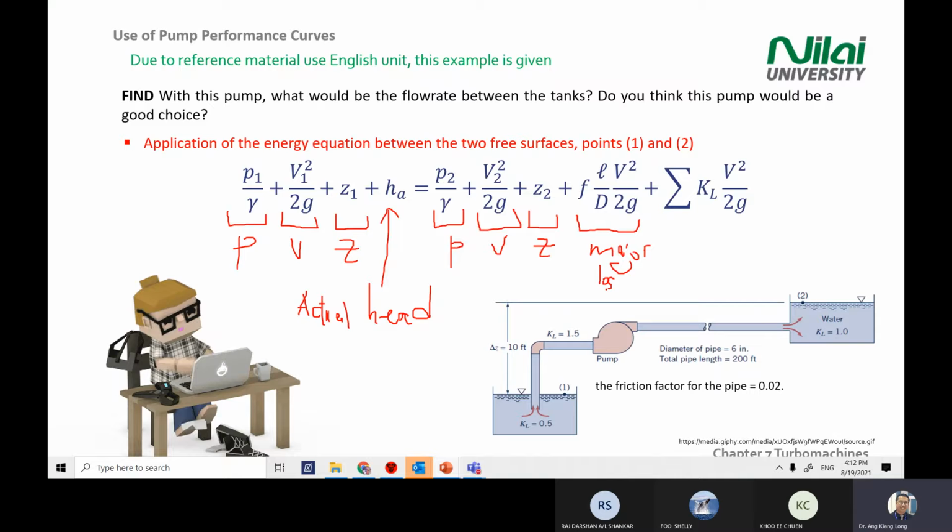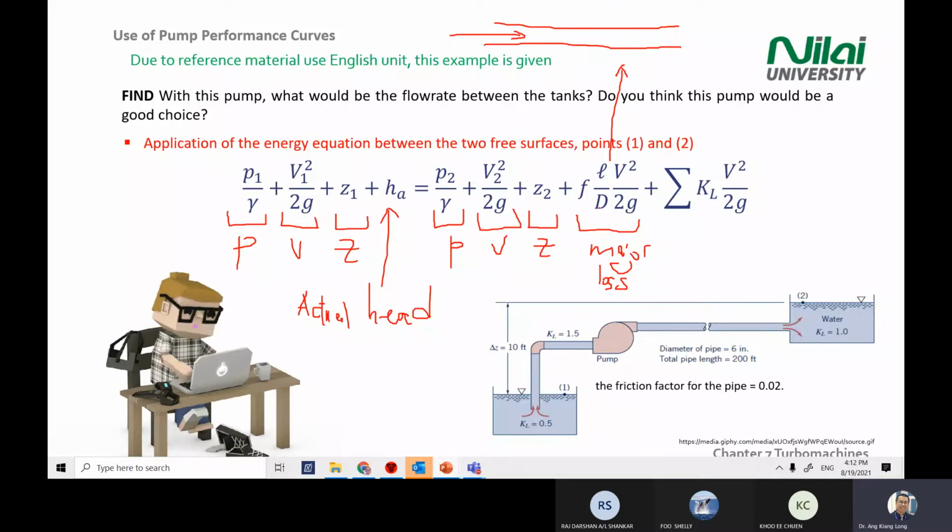What do we mean by major losses? Major losses are due to the very long pipe, and there is friction inside the pipe. So this is the major head loss. And for this F here, you need to use the Moody chart to find the F. This F value is straight from the chart.